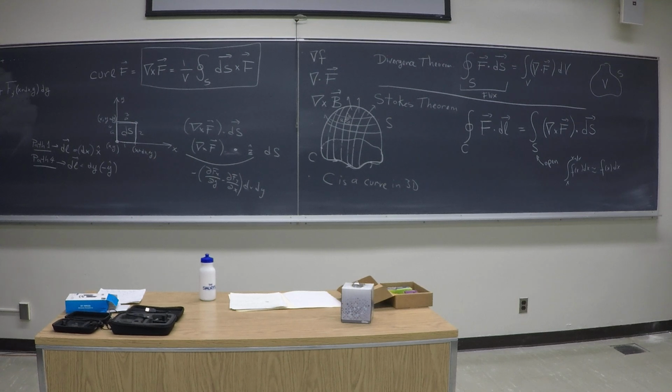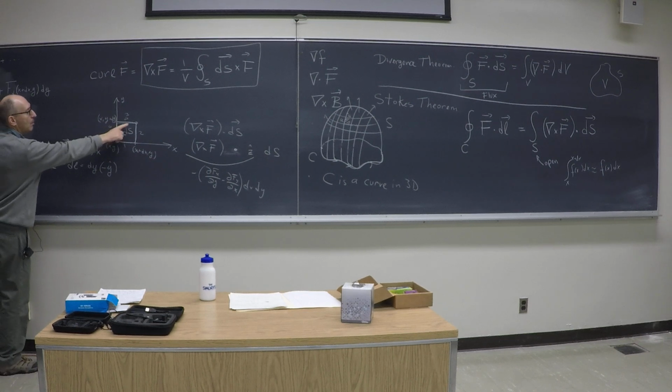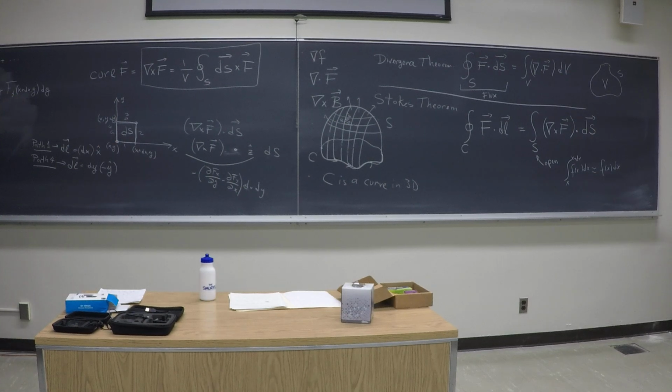So for that reason, the third term is going to be minus fx, the x component, evaluated at x comma y plus dy, times dx, and then finally minus fy evaluated at xy times dy.